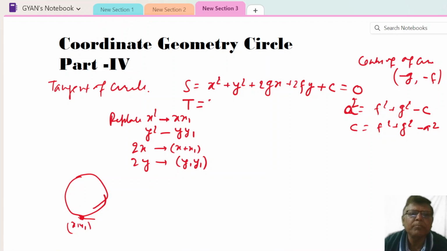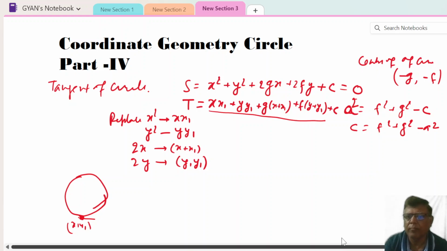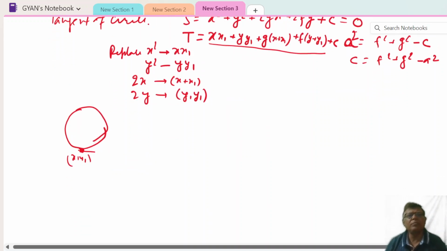So replacing it, we get xx1 plus yy1 plus g(x plus x1) plus f(y plus y1) plus c. This gives the equation of the tangent if the point is on the circle. How it gives that, we'll see later.